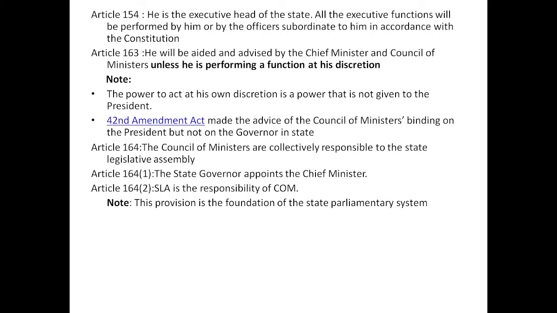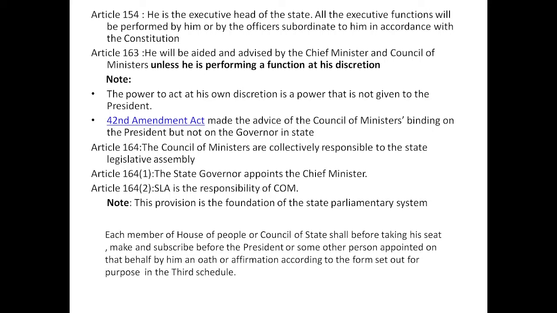When they appoint any minister, definitely they will take an oath or affirmation, right? So it is described in Article 164.